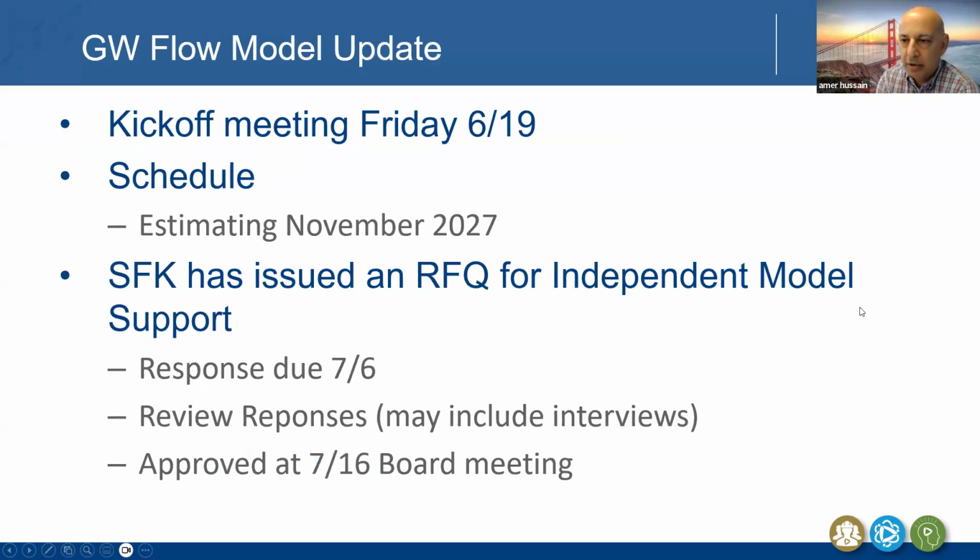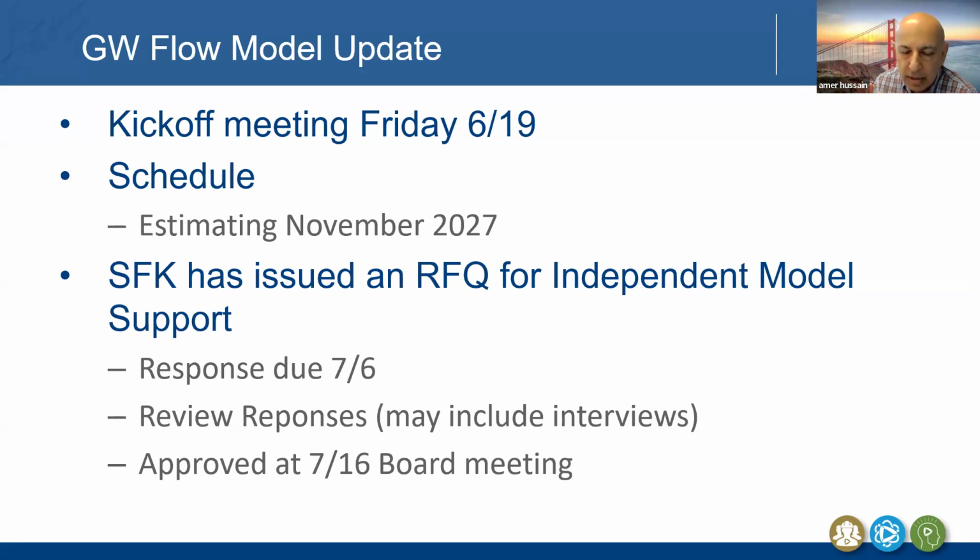Concurrent with the groundwater sustainability plan is the groundwater flow model update. We had a kickoff meeting last Friday with the modeling team. Right now, we're scheduled to have the updated model completed by November of 2027, so just a few months. Again, this is not a massive redo of the groundwater model.